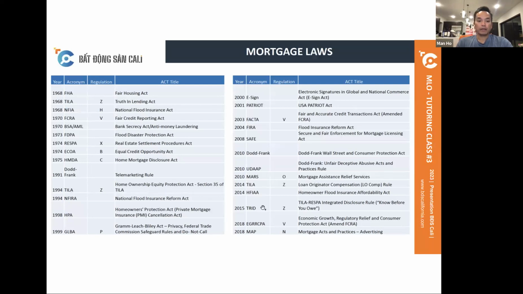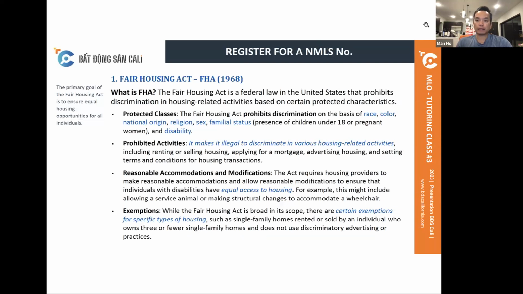Okay, so these are some of the laws and regulations that get involved when you do mortgage lending. Today I'm going to talk about the Fair Housing Act. You need to know the act name, the law name, and you need to know the acronym, because often they only refer to the acronym.